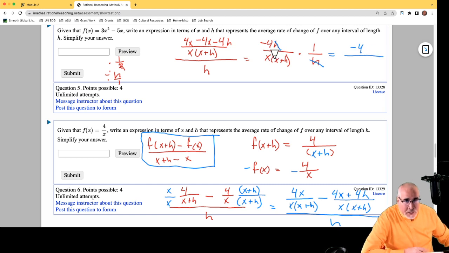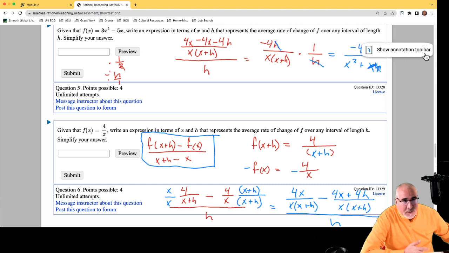And in the denominator, we could leave it that way, but actually I'm going to go ahead and distribute it. This is going to be x times x is x squared plus x times h. Maybe I could have done that earlier too, and it would have been okay, but what we're going to see is that, again, this is where we stop.